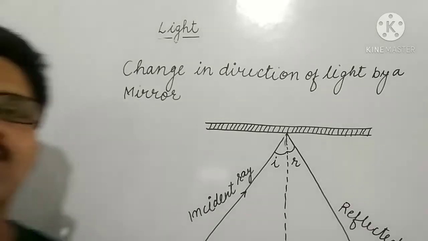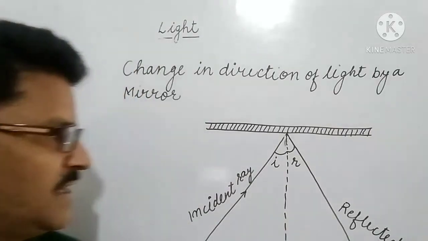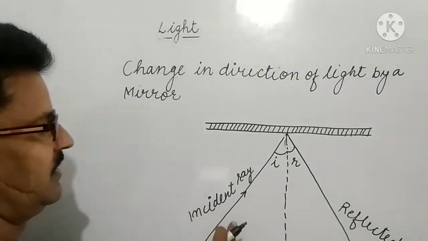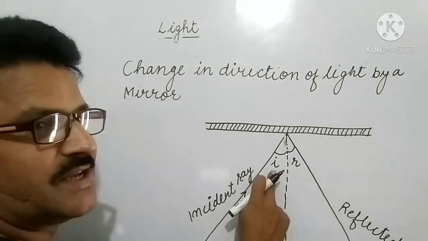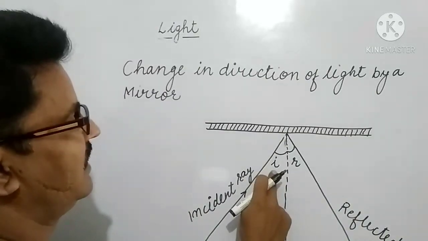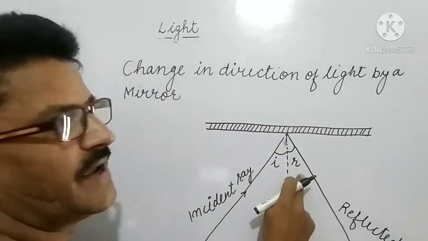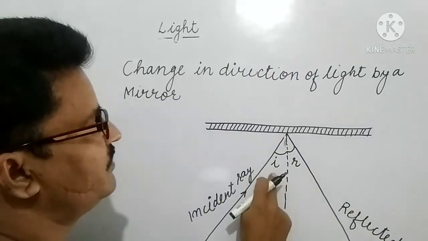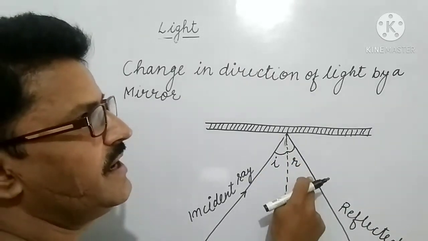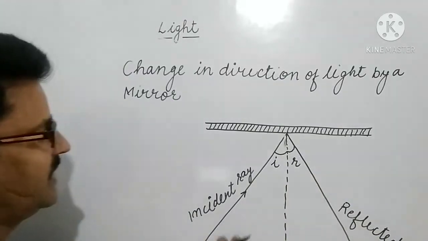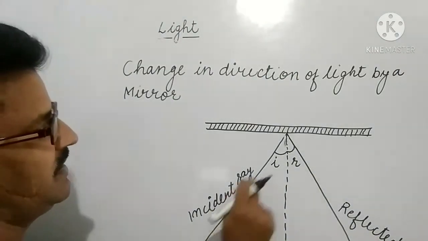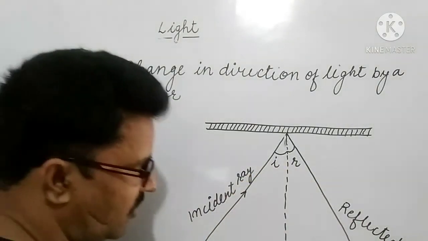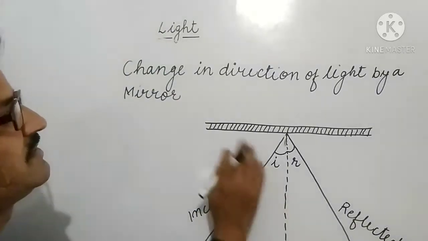What are the two laws of reflection? One is the angle of incidence is always equal to the angle of reflection. Second, the incident ray, the reflected ray and the normal at the point all lie in the same plane.